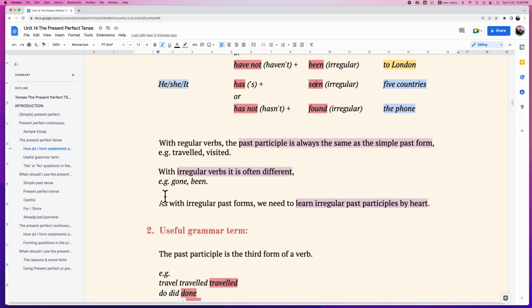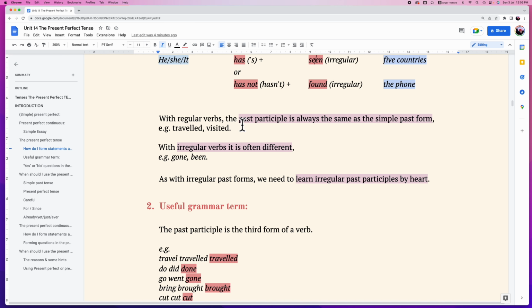With regular verbs, the past participle is always the same as the simple past form. For irregular verbs, it is often different. So for example, go and gone. The word gone will be different from the original verb go.